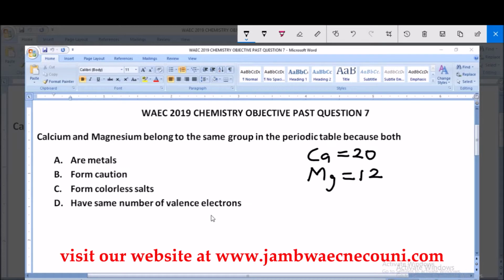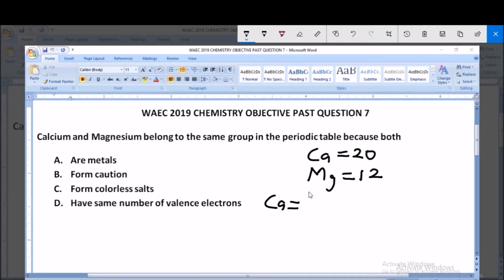So for calcium, the electronic configuration will be 2, 8, 8, 2. The reason is that the innermost shell, the K shell, can take a maximum of 2 electrons.